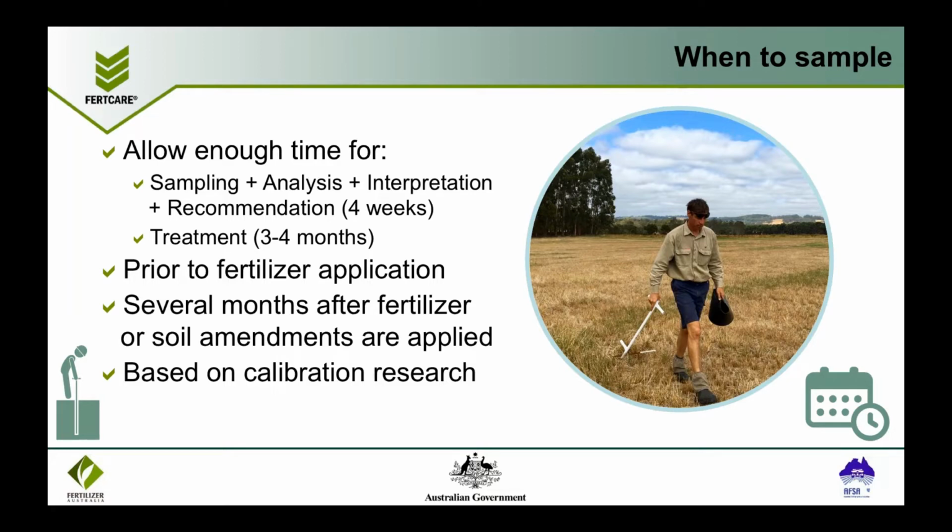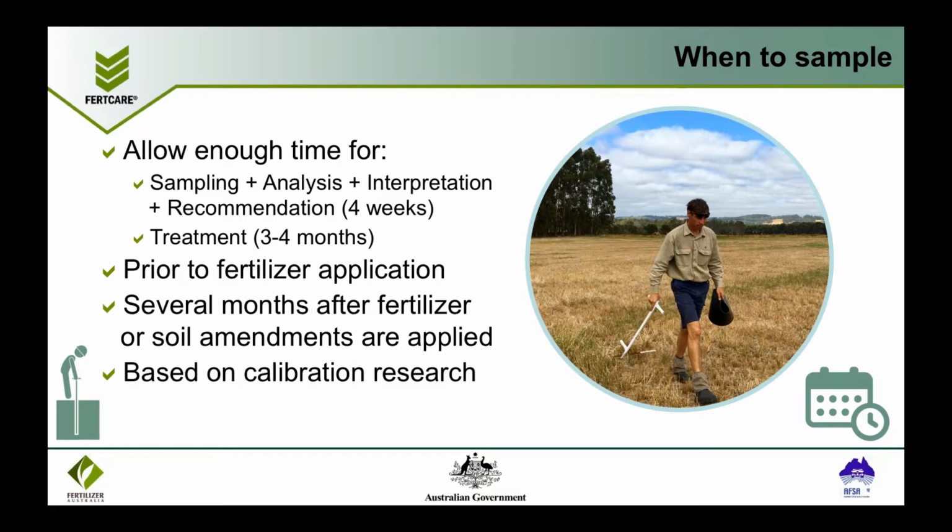It's also really important in terms of timing that you take samples prior to fertilizer or soil amendment application. If you don't, it can really influence your sampling strategy, the number of cores that you might need to take, and introduces significant variability that you need to take account of. So prior to fertilization is very important.